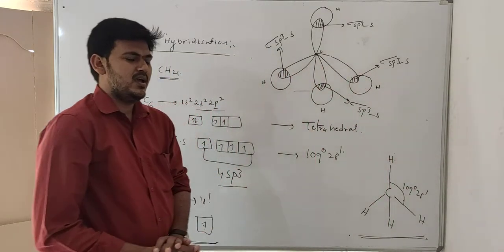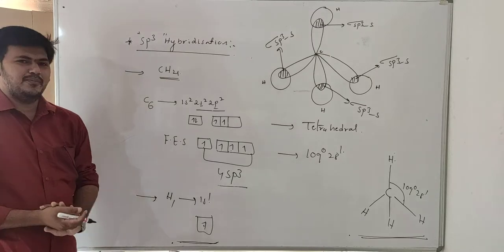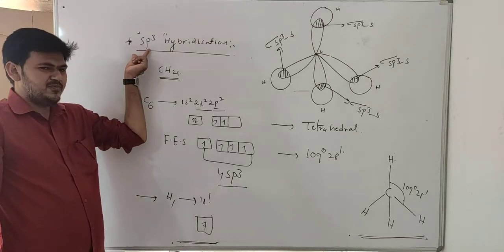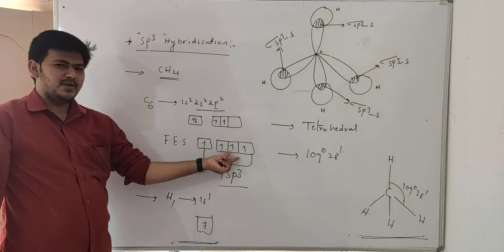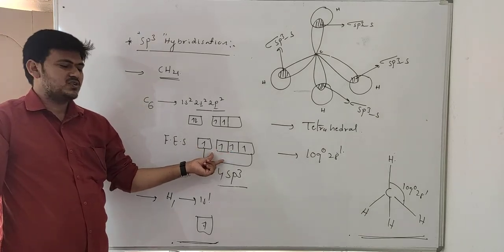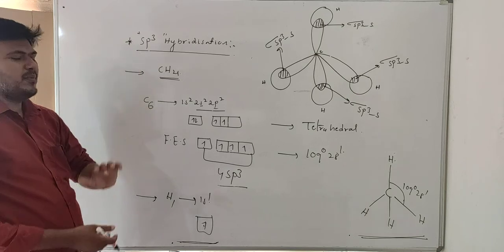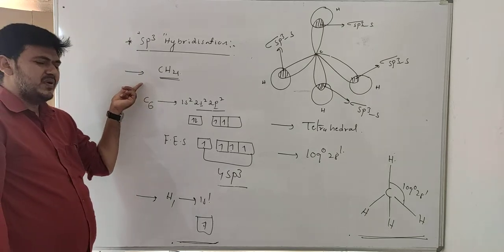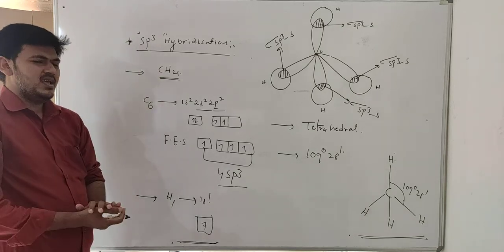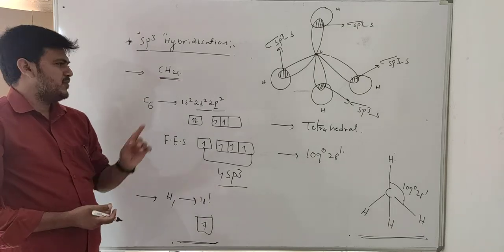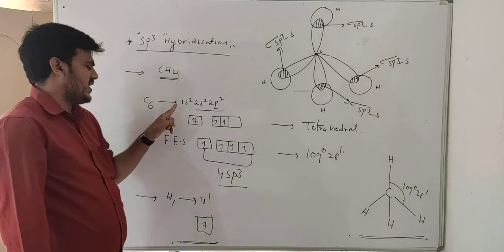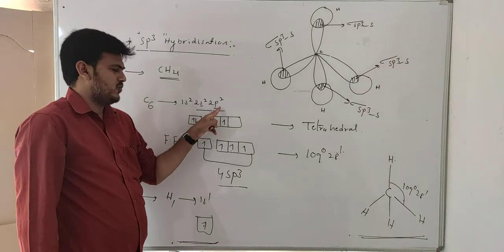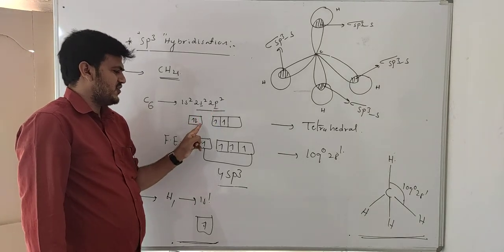So this is SP3 hybridization. What is meant by SP3 hybridization? The intermixing of an s orbital and 3 p orbitals of the outermost shell of an atom is called SP3 hybridization. The best example is methane, CH4. In methane the central atom is carbon, atomic number 6, electron configuration 1s2, 2s2, 2p2. The outermost configuration is 2s2, 2p2.